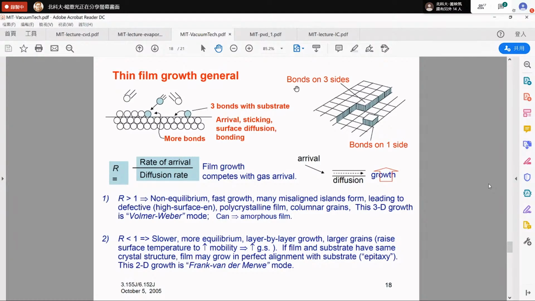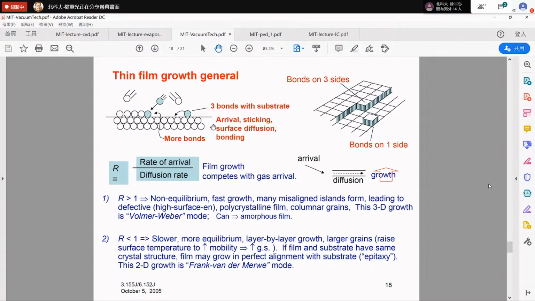This one bonds on three sides: one side, second side, and the bottom side. And here it only bonds on one side, so it tends to have more bonds.